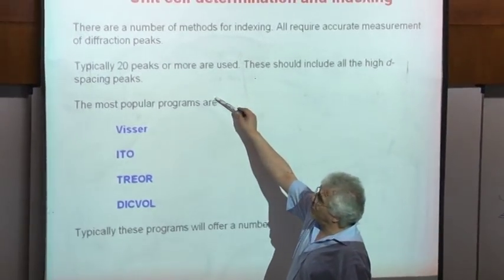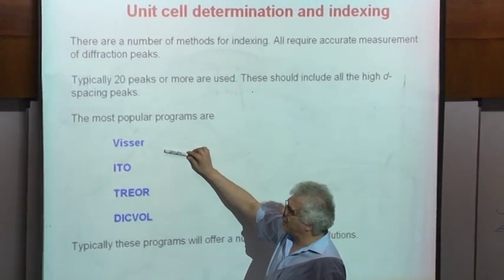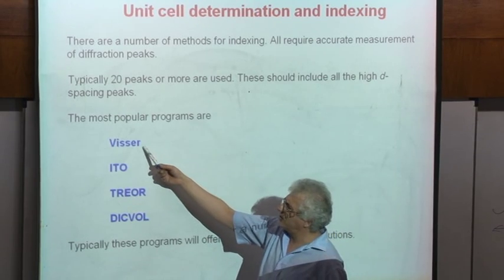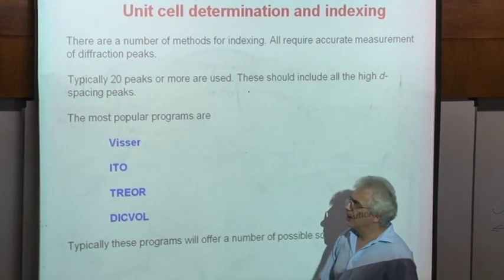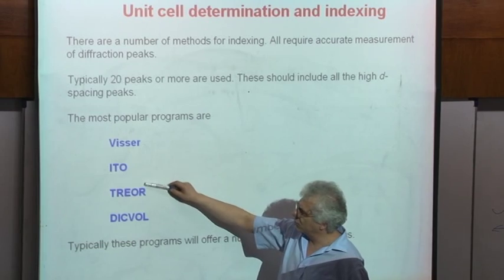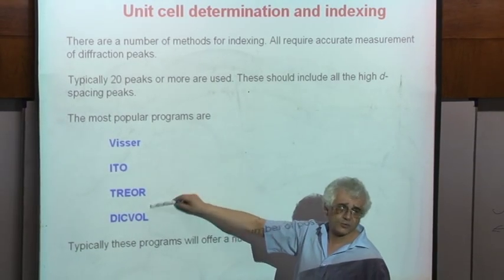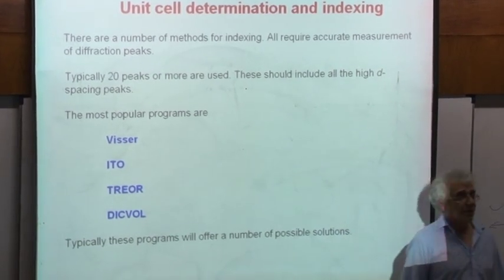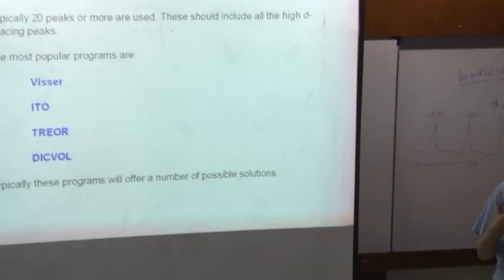Then there are a lot of programs that do this automatically. So this is an old one, Visser, ITO, Treor, Dicvol. These are all available free that you can try to index the pattern.